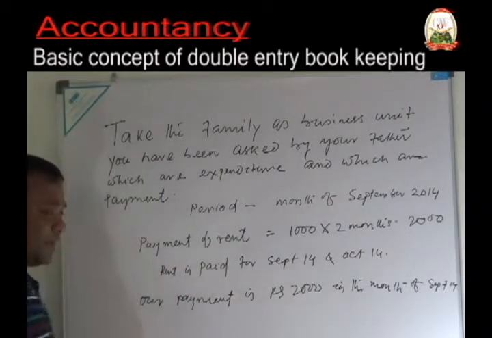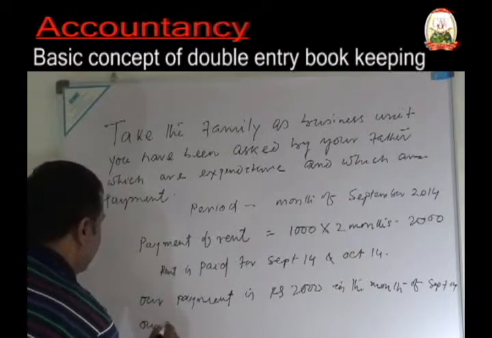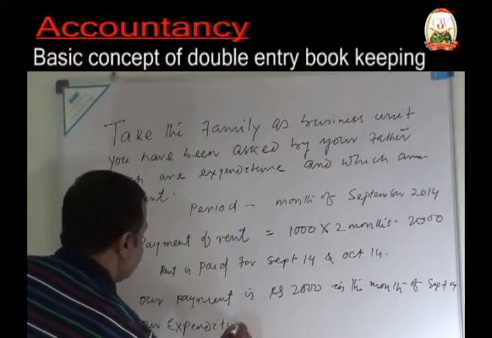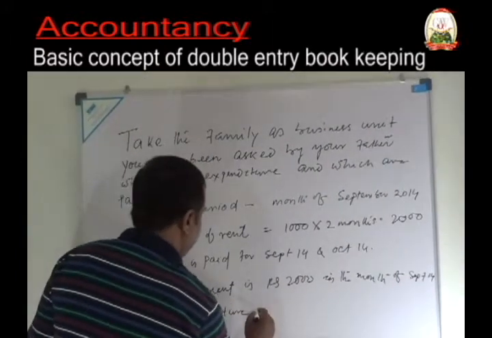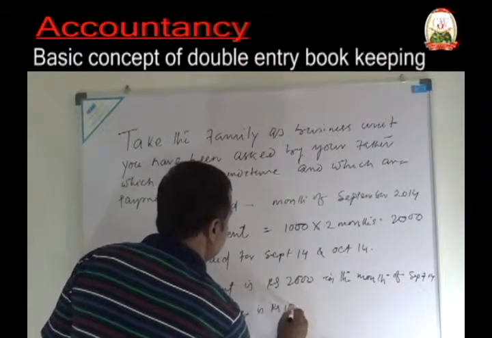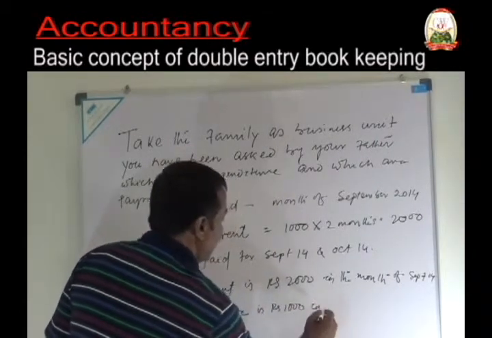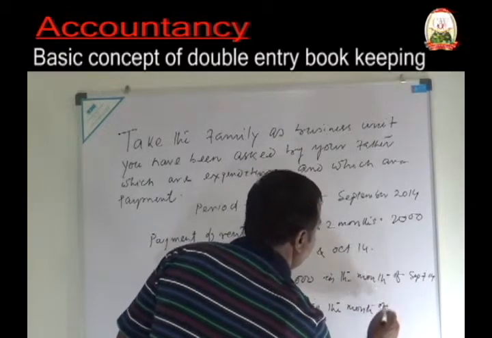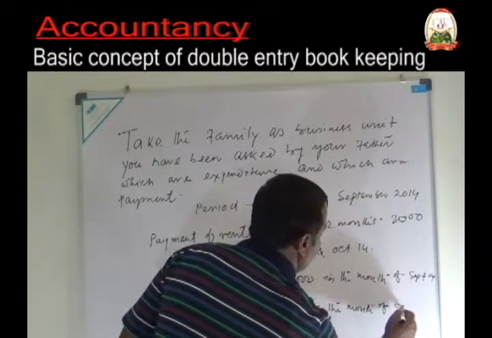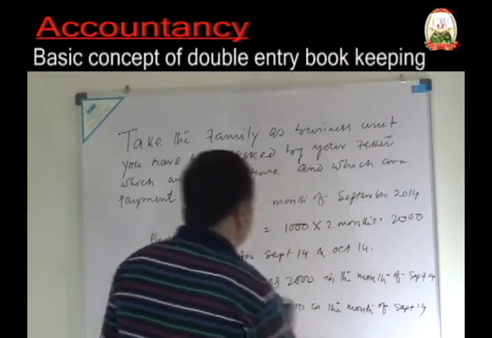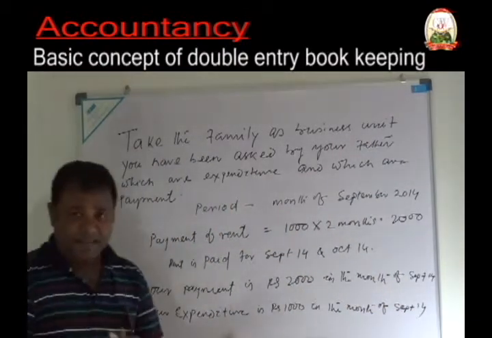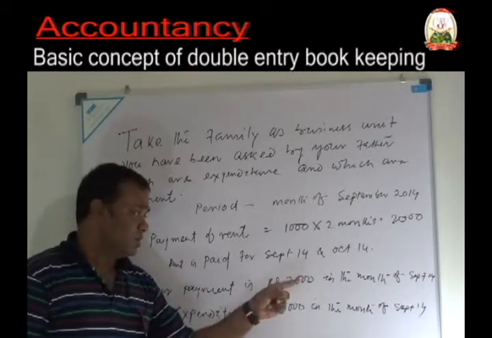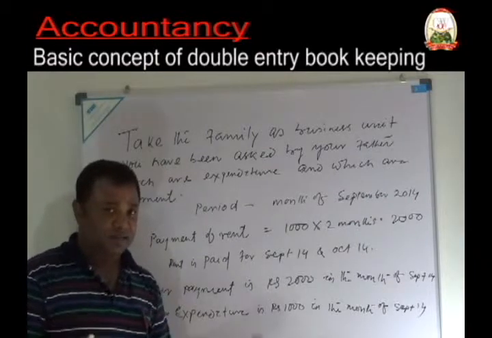So you have to write our expenditure is rupees 1000 in the month of September 14. In this case, it has been distinguished what is payment and what is expenditure. The payment towards rent is 2000, whereas expenditure towards rent is 1000.